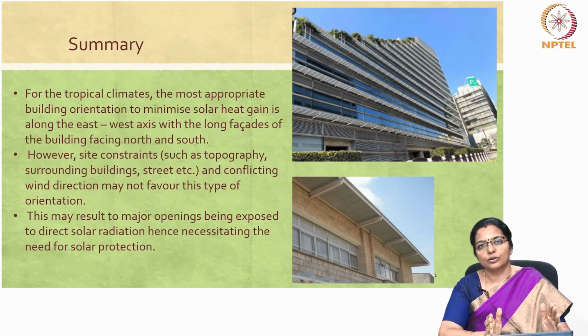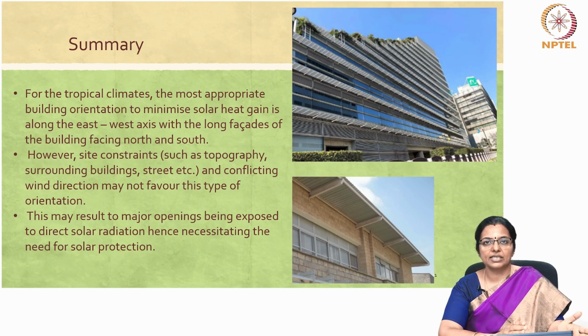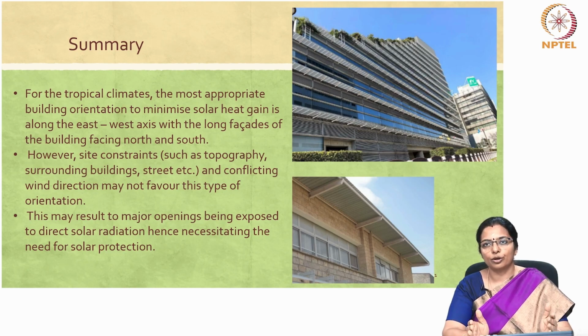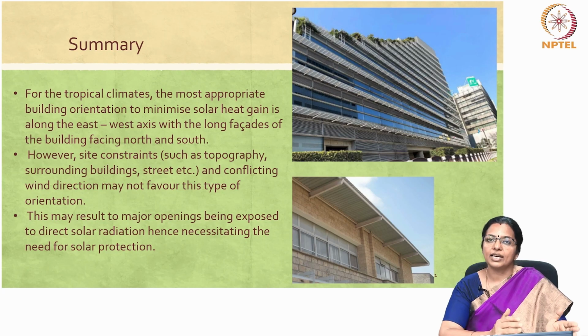In this class and the previous class, we have seen how the size of the opening, the location of the opening, and the shading device play an important role in reducing energy consumption for heating or cooling.